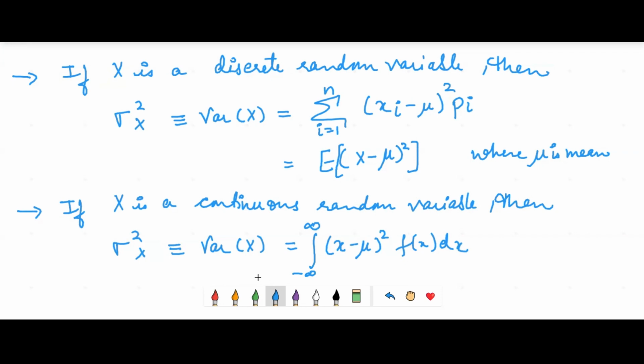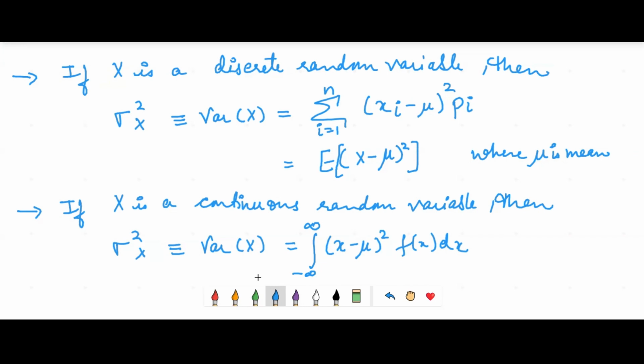This is how we can calculate the variance, and the standard deviation is just the square root. So you just need to calculate the variance from this, and after that you can calculate the standard deviation easily by taking the square root.